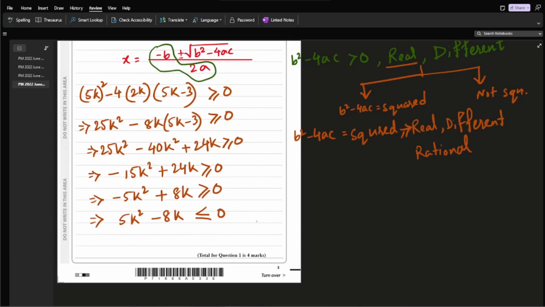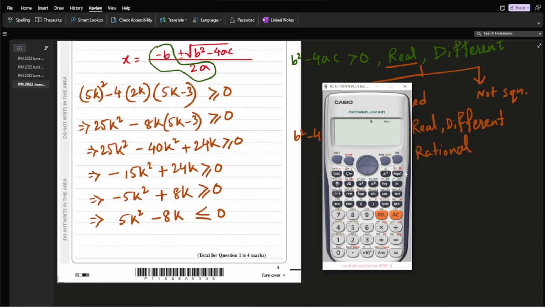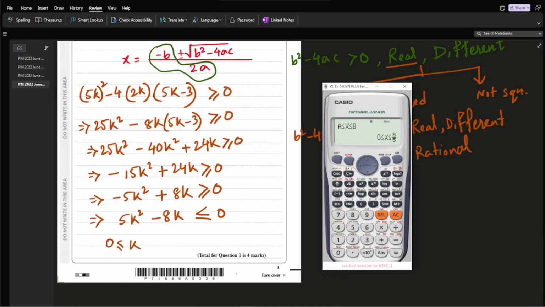Now we are going to put it through the calculator. The inequality is 5k squared minus 8k less than or equal to 0.